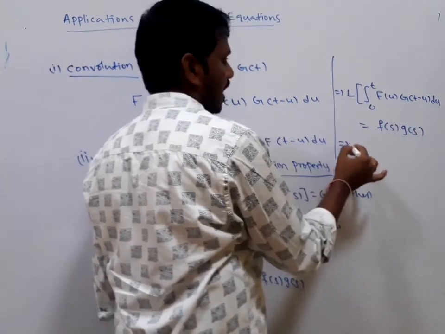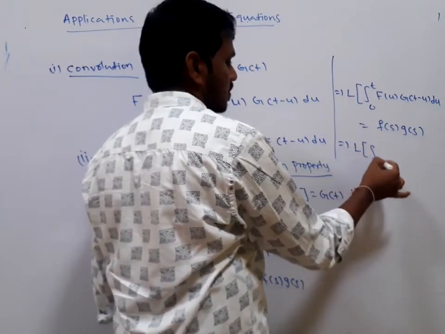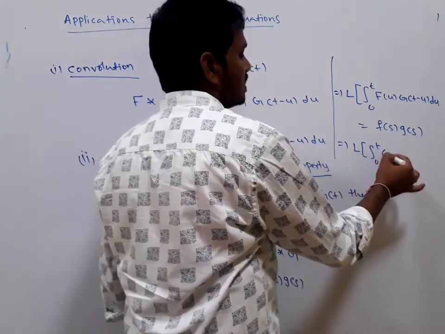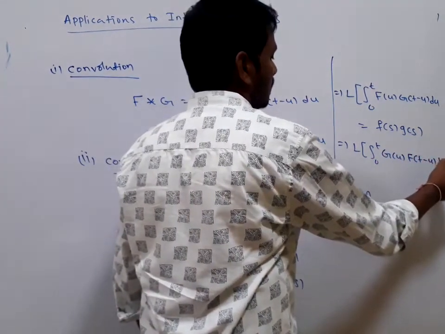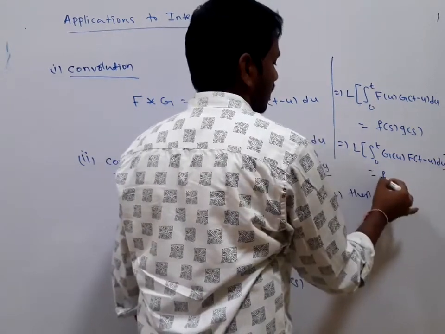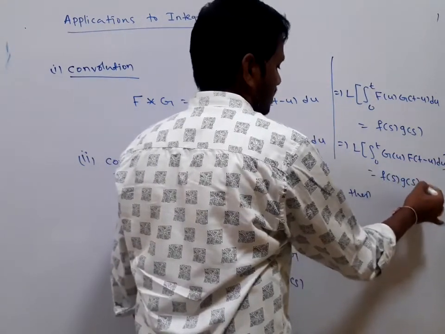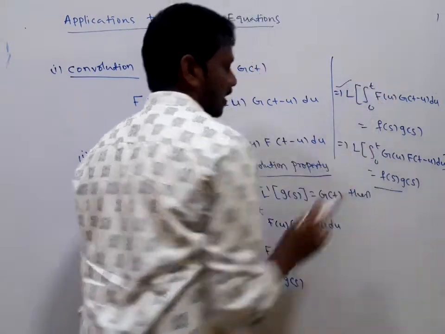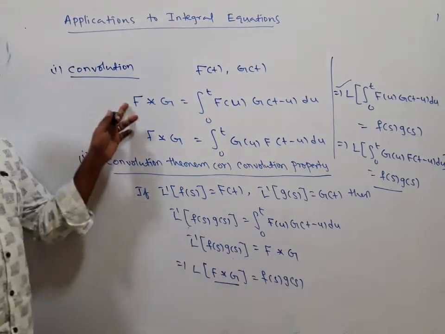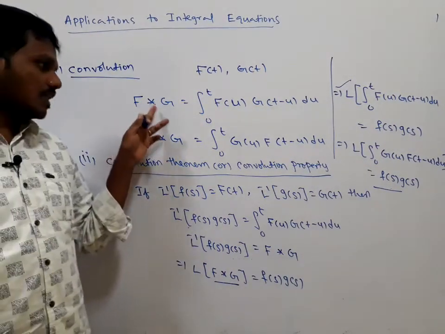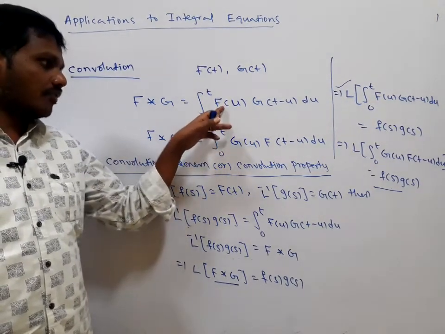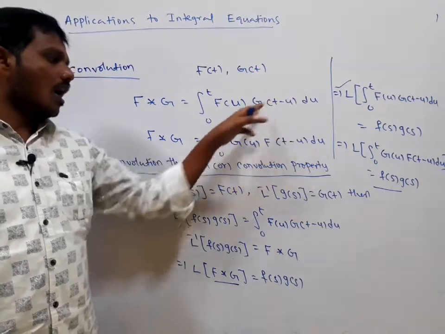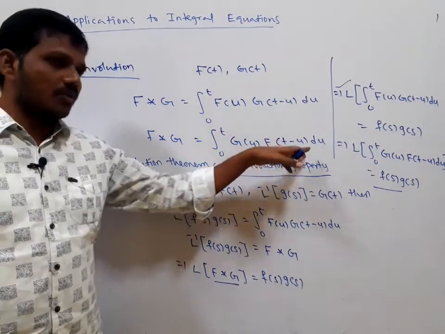This is very important. This is the same as the integral from 0 to t of g of u f of t minus u du, which is the same as f of s into g of s. Remember this property here. F star g stands for the integral from 0 to t of f of u g of t minus u du, or g of u f of t minus u du.